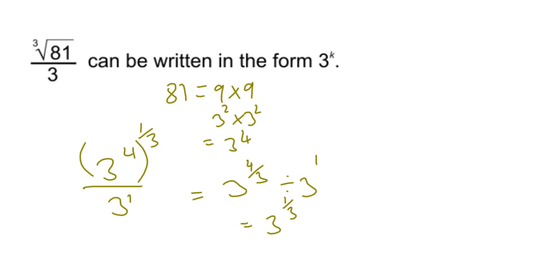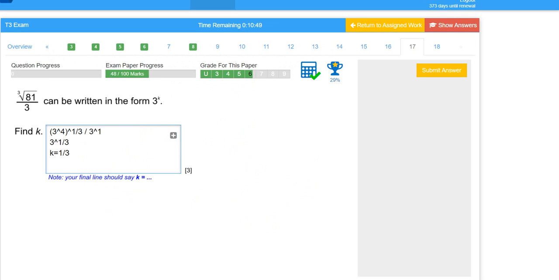Now, that's probably a little bit challenging, but actually it's only a step further from some of the work we did back before Christmas. And this is the sort of thing where you can pick up those interesting marks. And this is rather hard to write in terms of MathsWatch. It looks really complicated. That's why I did it by hand. But that would still give me those 3 marks.